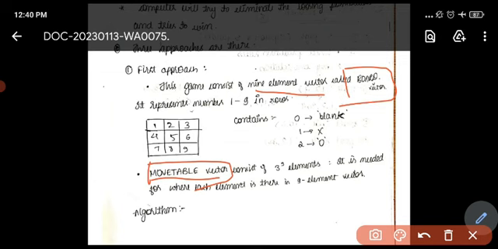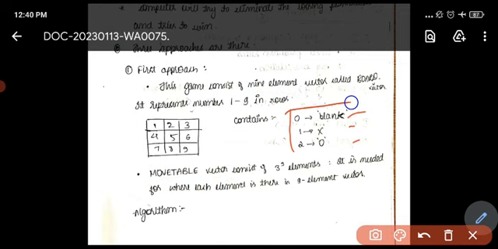Each value is assigned some number, so it will be helpful to compute.